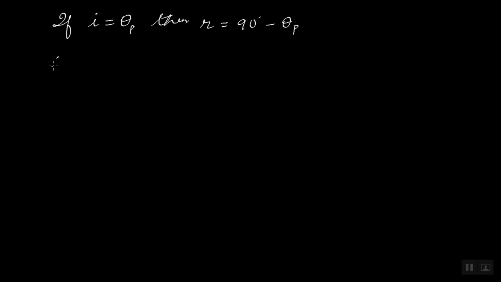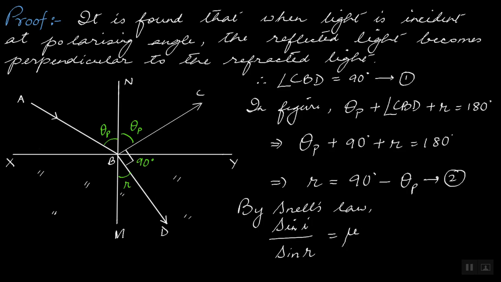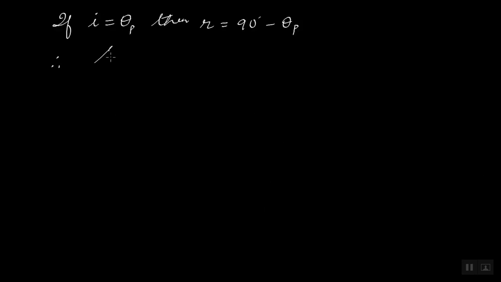Therefore, replacing these values in Snell's law, you have sine of theta p by sine of, instead of R you write 90 minus theta p, and this is equal to mu.